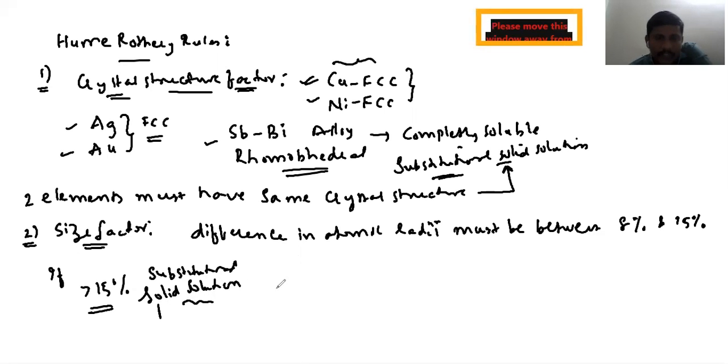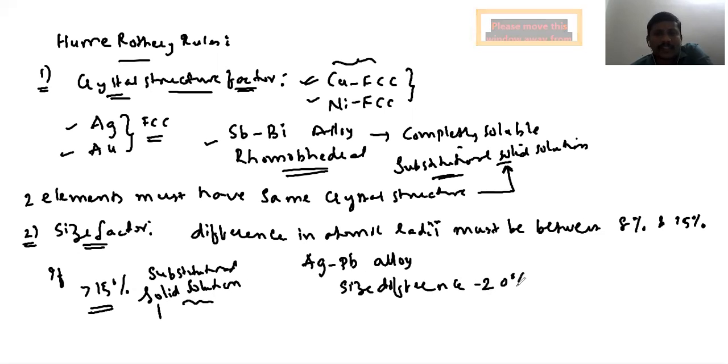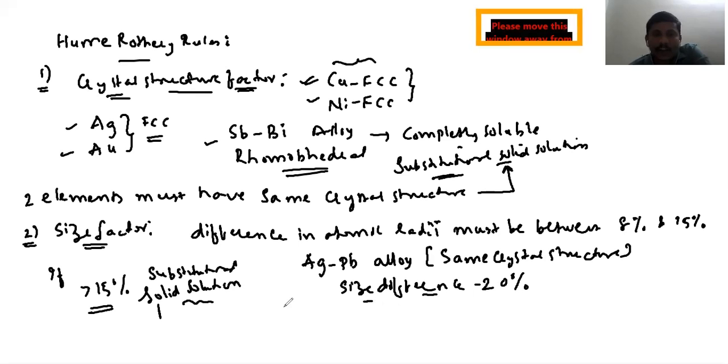Suppose you take a silver and lead alloy. The size difference is 20%. They both have the same crystal structure, but the size difference is 20%. That's why they cannot be soluble to any extent in the solid phase.